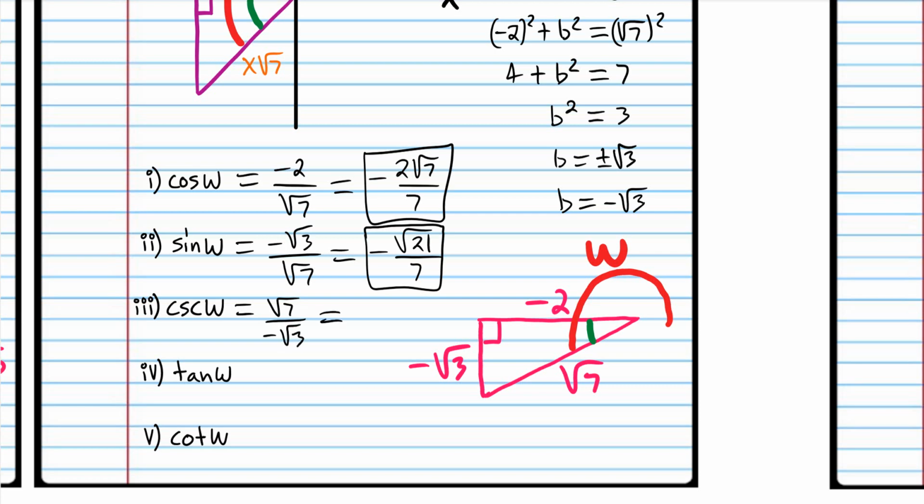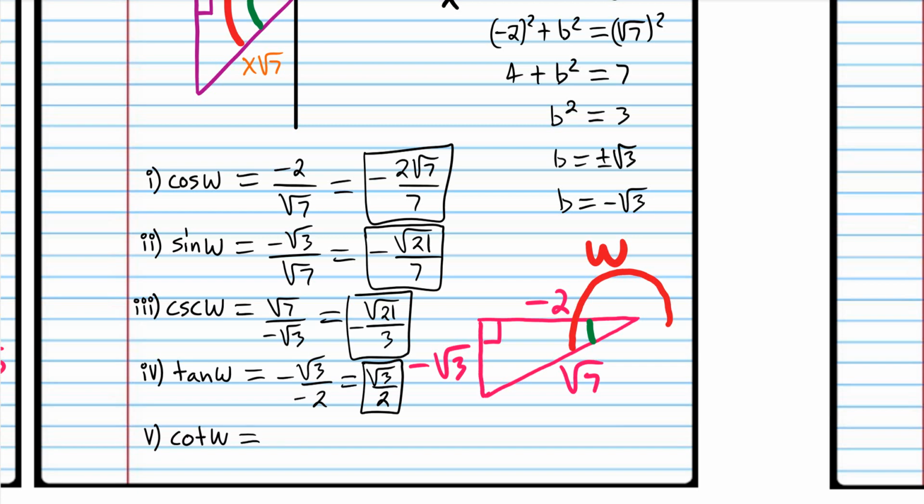Multiply both sides by root 3, and we get negative root 21 over 3. Tangent omega is the opposite side divided by the adjacent side, which is root 3 over 2.